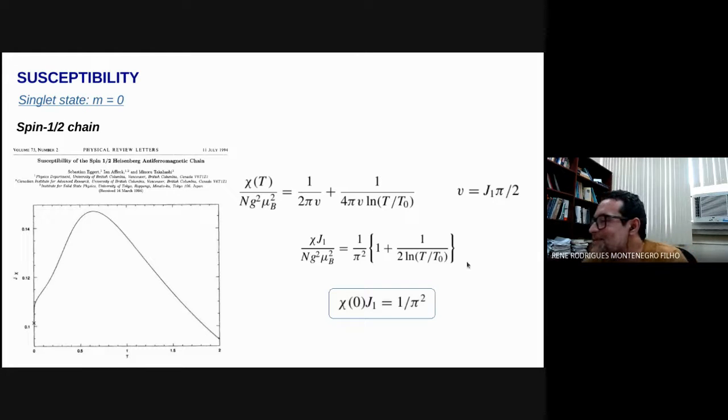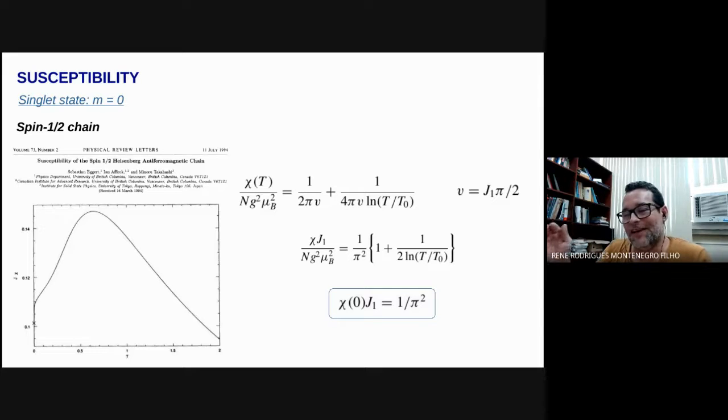And even this value of this constant here is not universal. It's a very difficult task to take this zero temperature behavior of the susceptibility of the spin 1/2 chain.